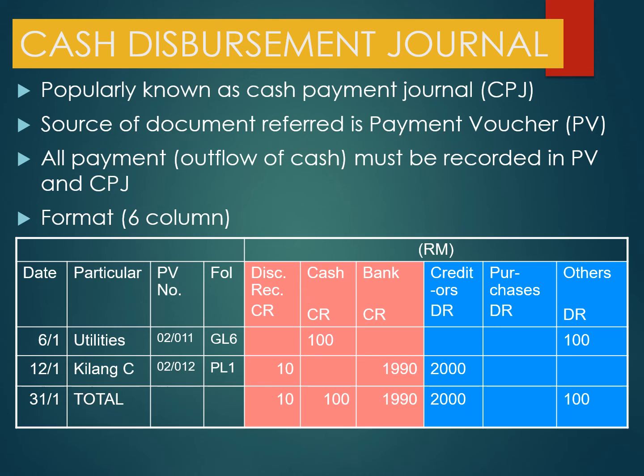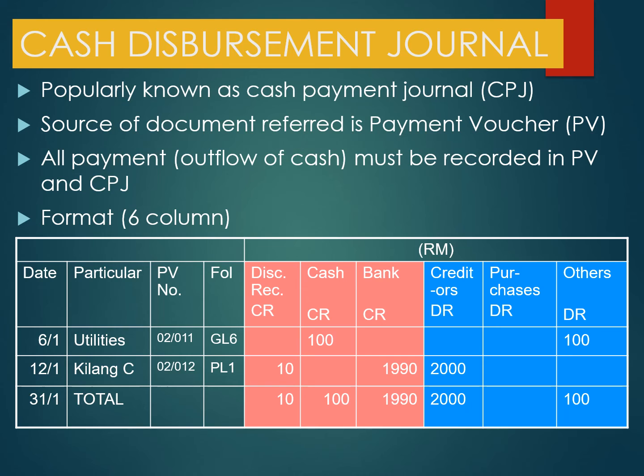So you put 10 ringgit in the discount received column, and the balance of your debt is paid by check, which means the money in the bank will be an outflow of 1,990.